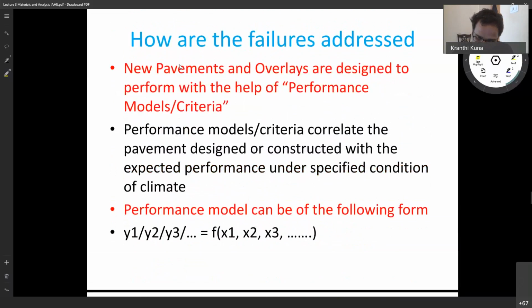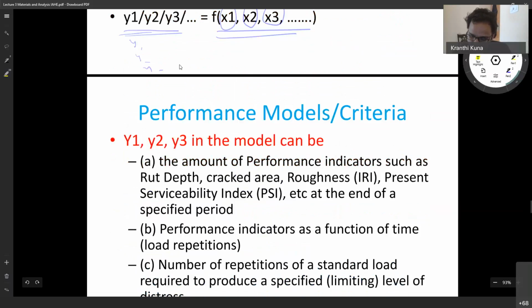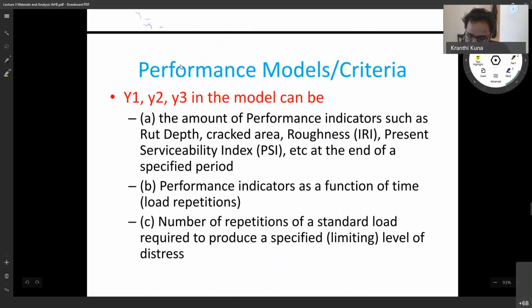Usually there are different performance models. It can be y1, y2, y3 as a function of some design parameters. We have discussed at least some of them. Some parameters give an indication of some distress parameter. For example, we have seen a performance model for PSI, as a function of some distress parameters.